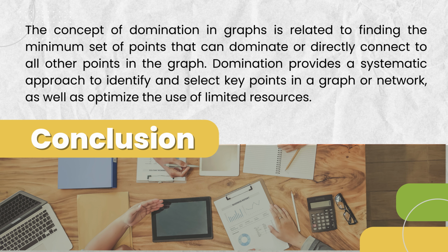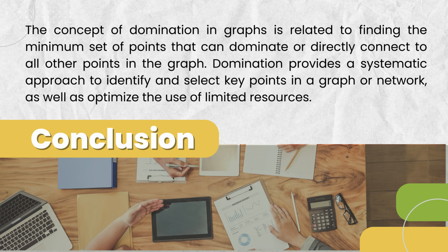Alright, so from all the points we have discussed, the conclusion is that the concept of domination in graph is related to finding the minimum set of vertices that can dominate or directly connect to all other vertices in the graph. Domination provides a systematic approach to identify and select k vertices in a graph or network, as well as optimize the use of limited resources.